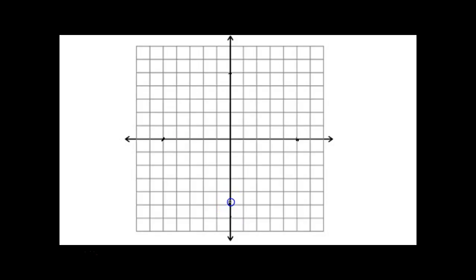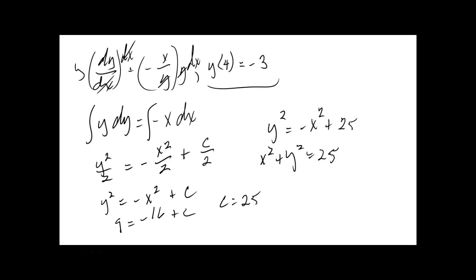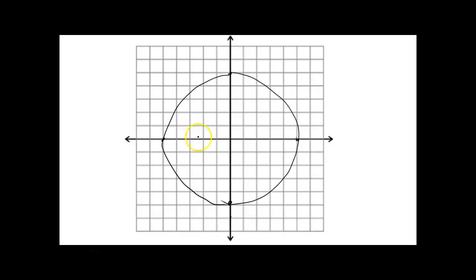And I don't draw circles very well at all, so I'll give it my best shot. There's a circle of radius 5. But we do know that y of 4 is equal to negative 3. So when x is equal to 4, y is equal to negative 3. Look at that. I even hit it on the nose there, didn't I?